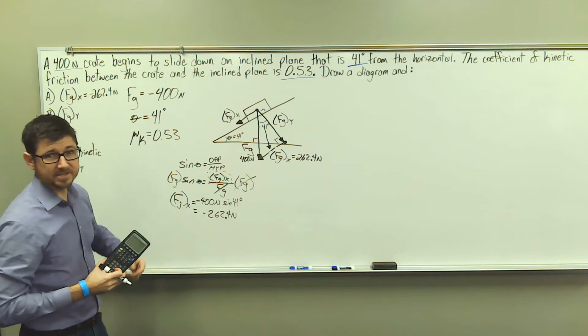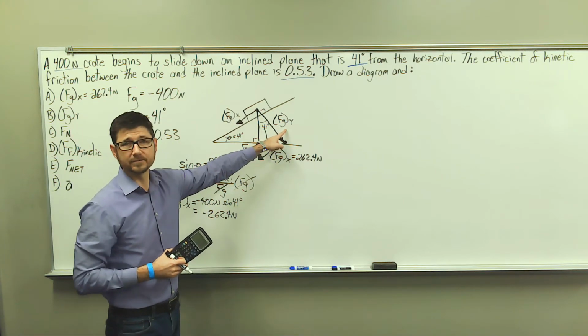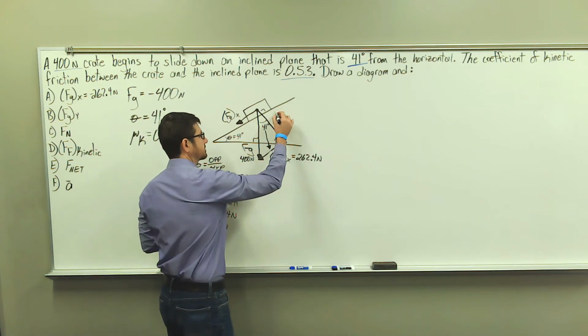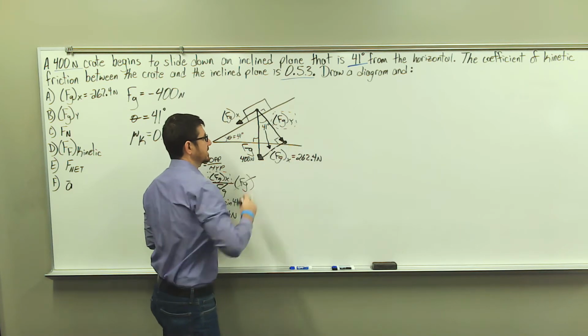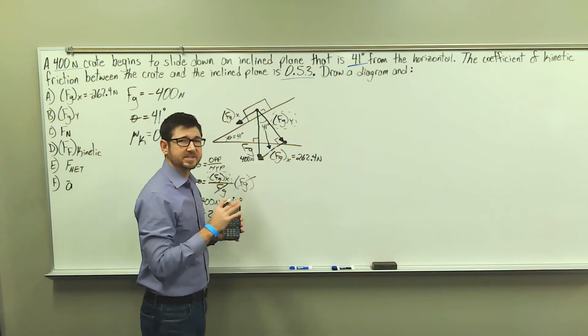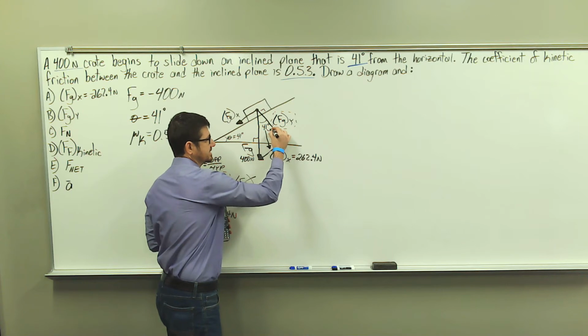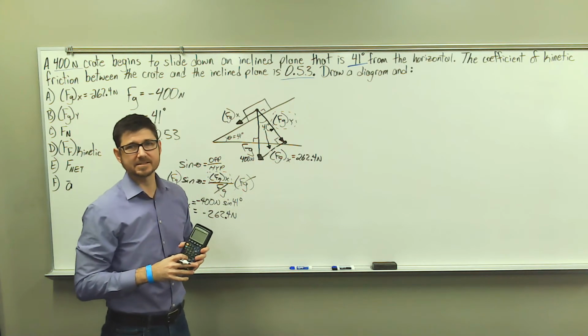Part B, it wants us to calculate the y component of weight force. So now we're looking for this vector here. Okay? So my unknown side length here, with respect to the angle 41 degrees, this is the adjacent side length.